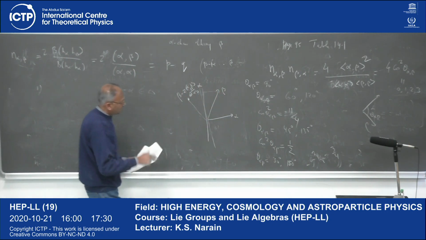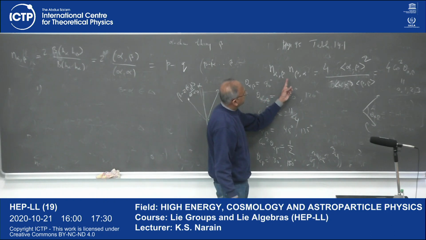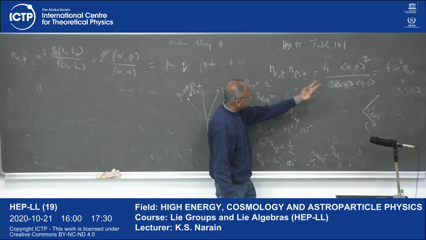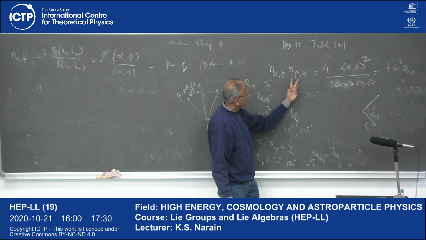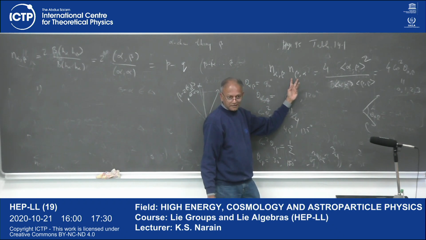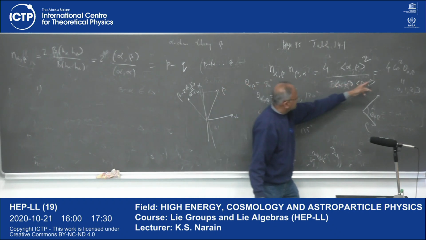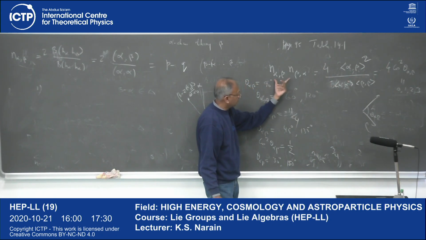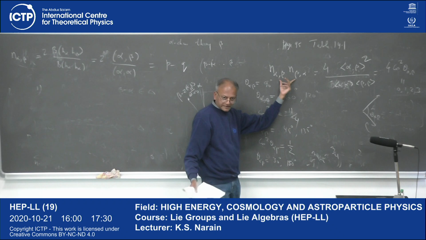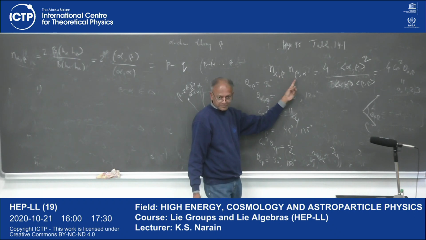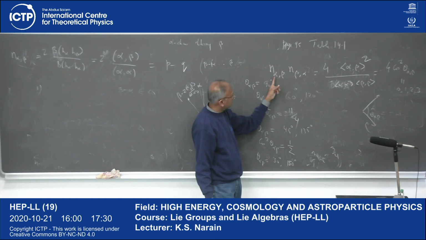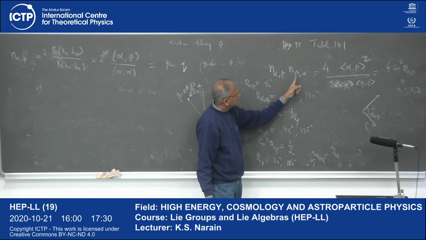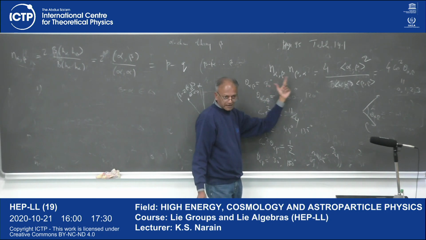But if it is 1, then this has to be also realized as a product of 2 integers. Of course this whole thing is an integer, but I should be able to write it as a product of 2 different integers, because these 2 are not necessarily the same integers. This is true with alpha through beta, that is beta through alpha. So these are a priori different. They are not necessarily equal.